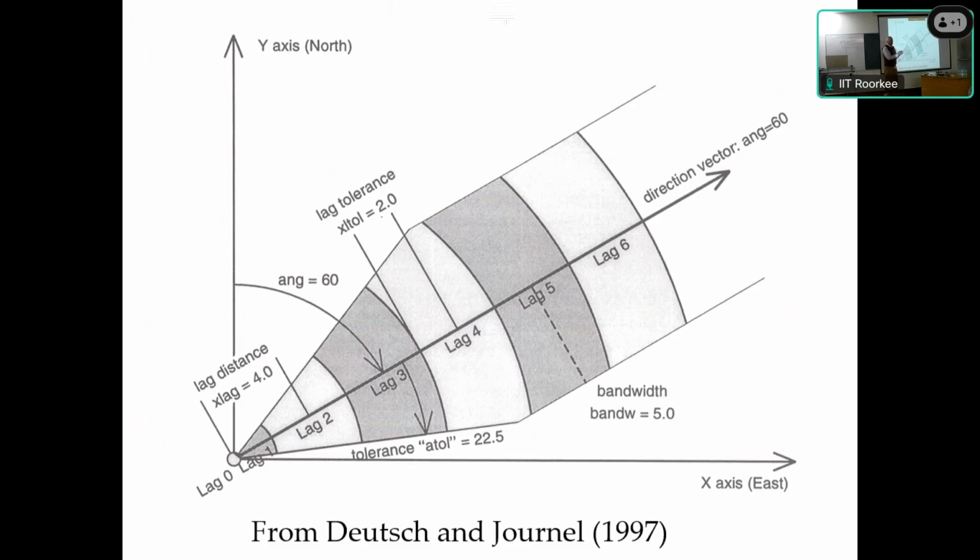So it allows you to look a little left and right. And 2 is pretty high. It's 50% of the total lag class. But for larger lag distances, here 6, if you allow 2, then it is not so much anymore. But you search a little farther than the lag class would tell you. That's what is meant by lag tolerance.